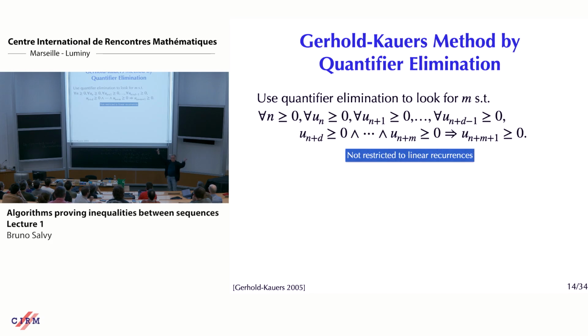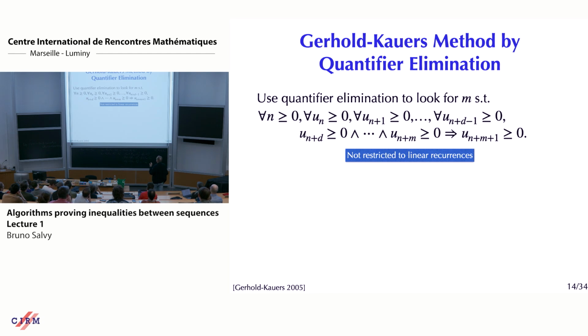They're just variables. They're all positive, and the question is, is it the case that if they're all positive, then the next one will be positive as well. So a sort of proof by induction.